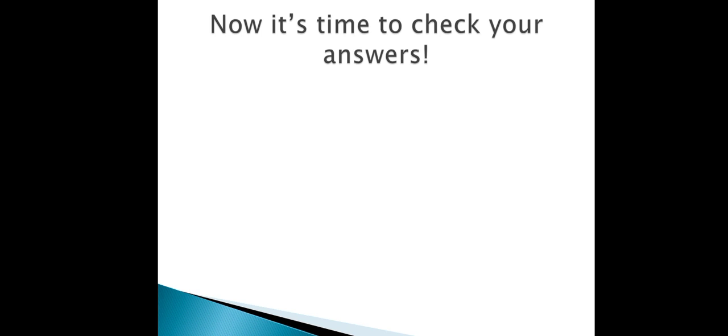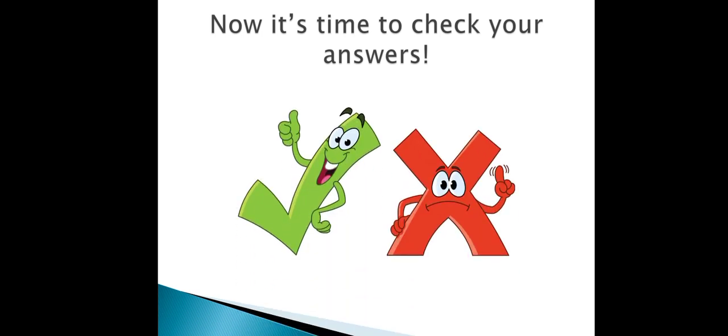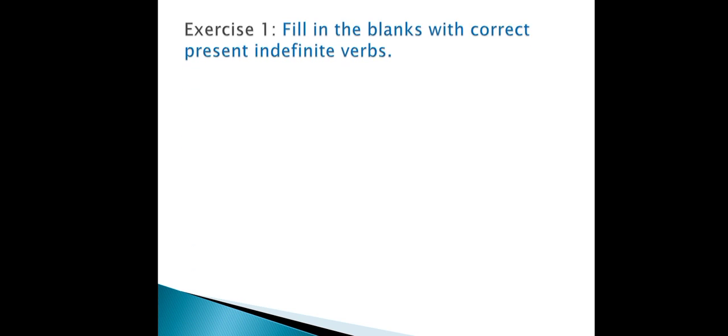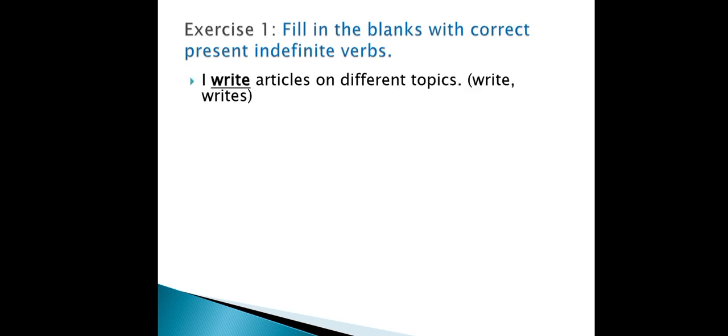Now it's time to check your answers. First one, I write articles on different topics. Along with I, singular verb, we will use write. We are not supposed to add s or es.